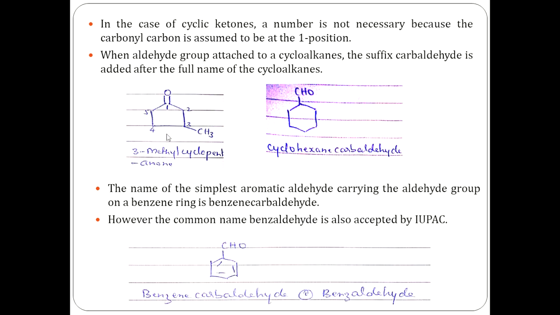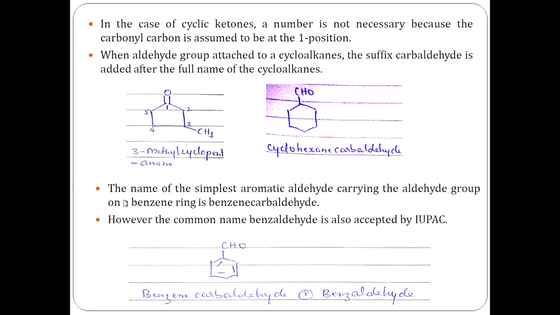This is cyclopentane, a cycloalkane. For example, cyclohexanecarbaldehyde. This is the cyclohexane ring, and the aldehyde group is attached to this cyclohexane. Therefore, it is named cyclohexanecarbaldehyde because the suffix carbaldehyde is added after the full name of the cycloalkane.